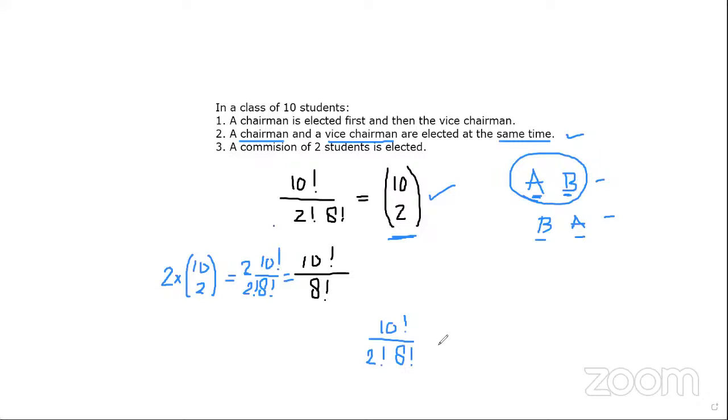Is that what you mean? Yes, that is 10 choose 2. So that is correct.